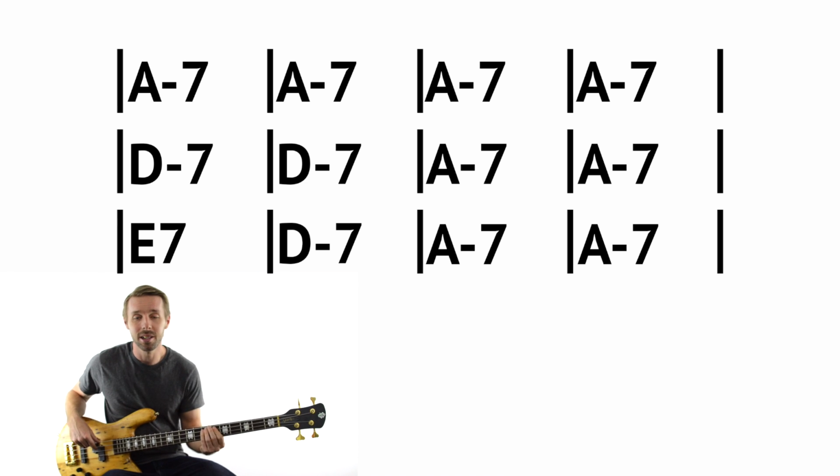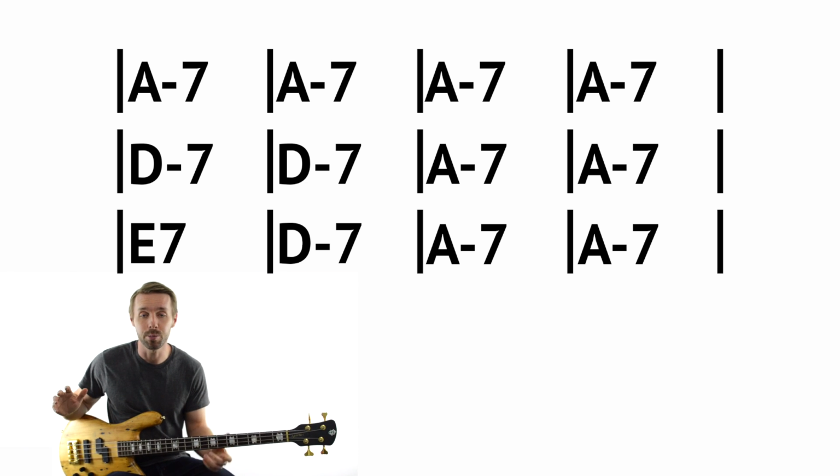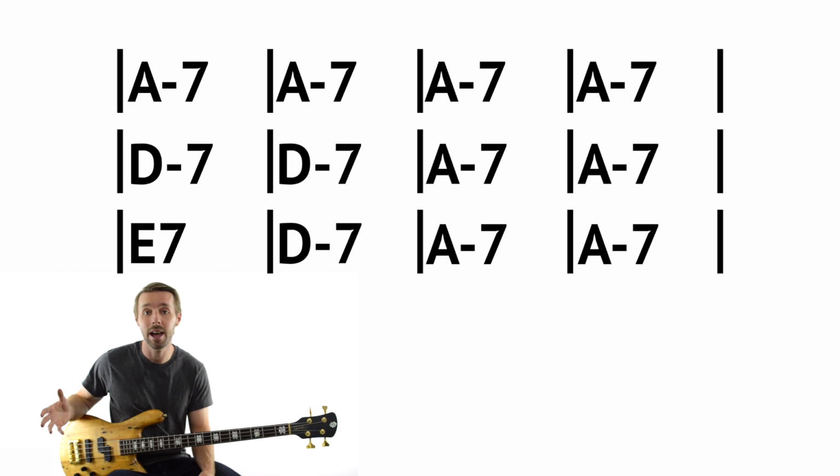A great example of a minor blues would be something like Stevie Ray Vaughan's Tin Pan Alley, so check that one out. Now usually you'll get told if something you're playing is a minor blues rather than a regular blues, but just keep your ears open just in case and change your approach to avoid falling into this trap if you do find yourself playing a minor blues.